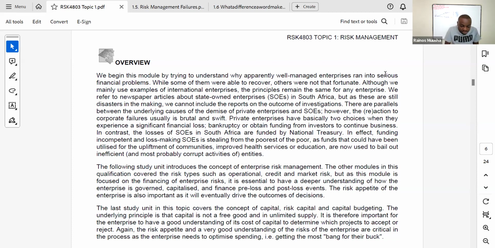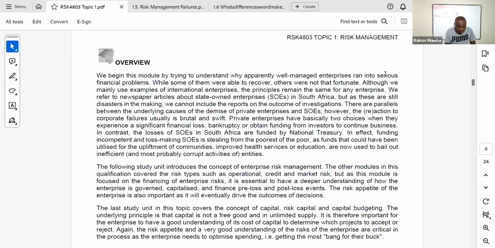So the following study unit introduces the concept of enterprise risk management. The other modules in this qualification covered the risk types such as operational, credit, and market risk. But as this module is focused on the financing of enterprise risk, it is essential to have a deeper understanding of how the enterprise is governed, capitalized, and financed pre-loss or post-loss events.